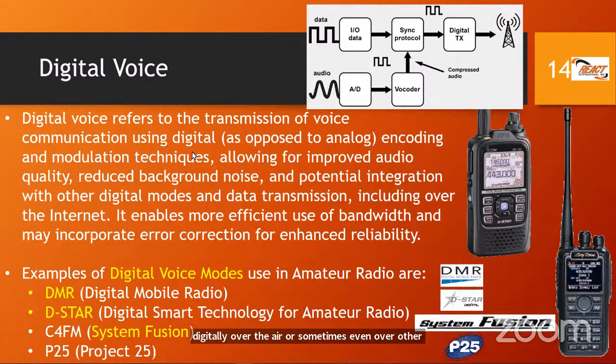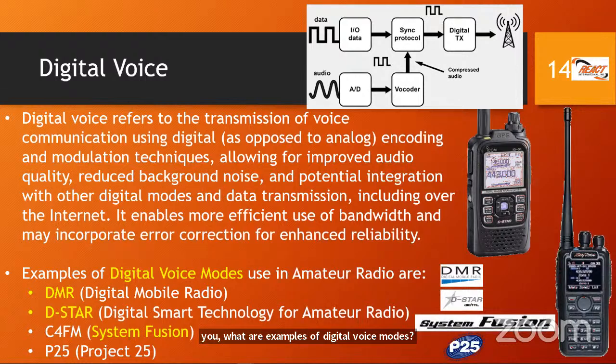So the digital voice modes that are quite popular today, we have a few of them on your screen, such as DMR, D-Star, and System Fusion. So this is what you'll get in the exam. They'll ask you, what are examples of digital voice modes? These are the examples.